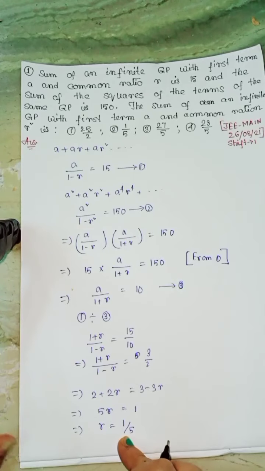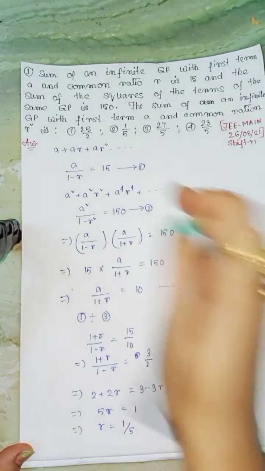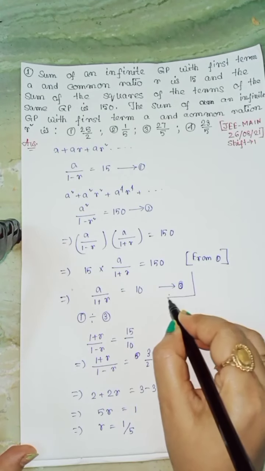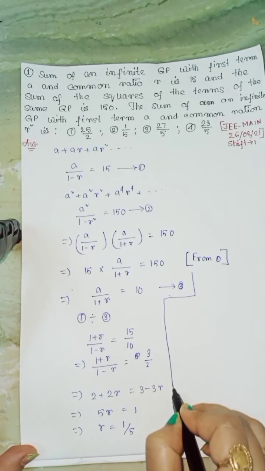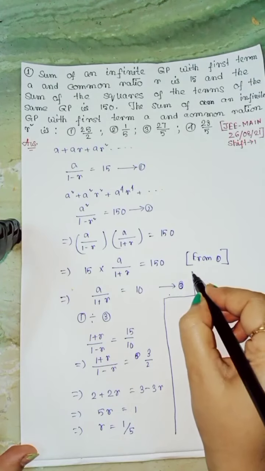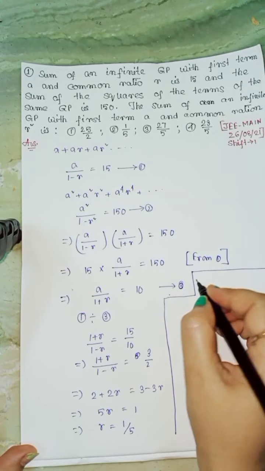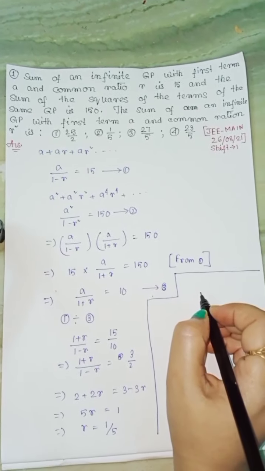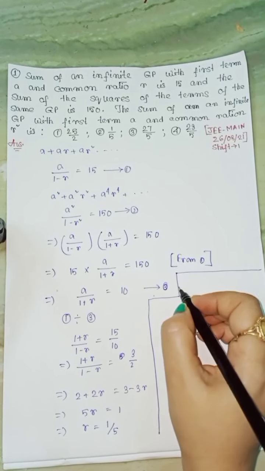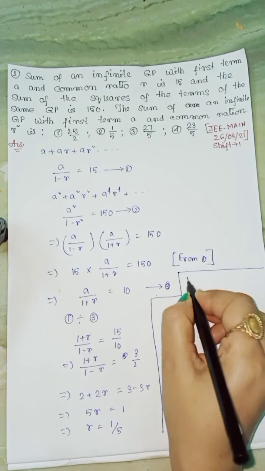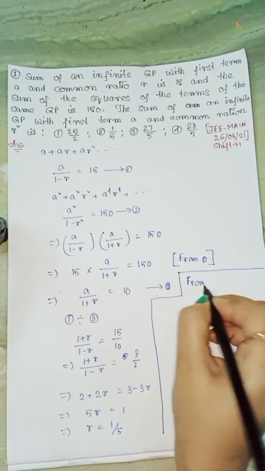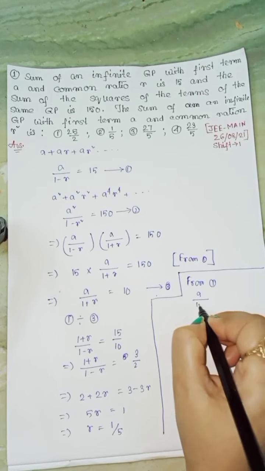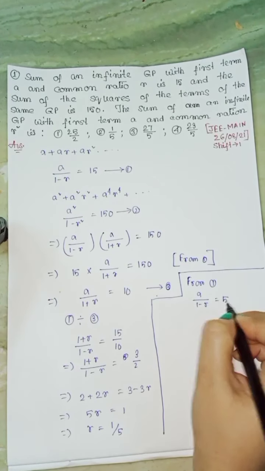Now putting R equal to 1 by 5 in equation 1, we get A by 1 minus R is equal to 15.